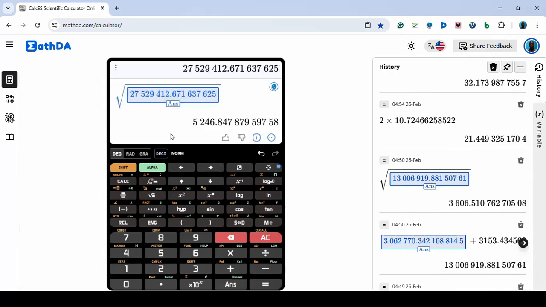This will give us what? 5,246.85. So let me write it down. So that is 5,246.8 kilopascal absolute.